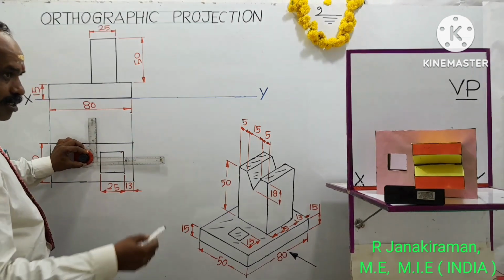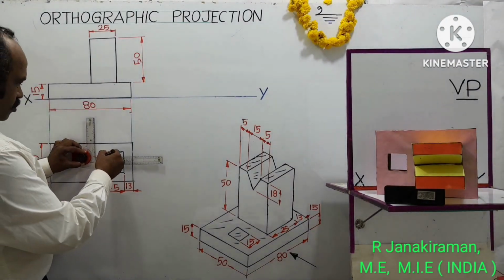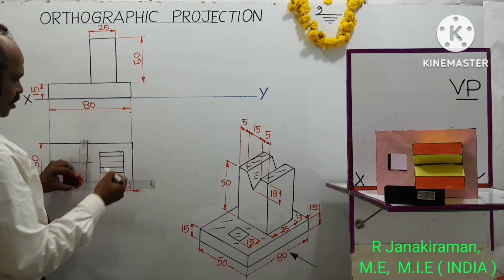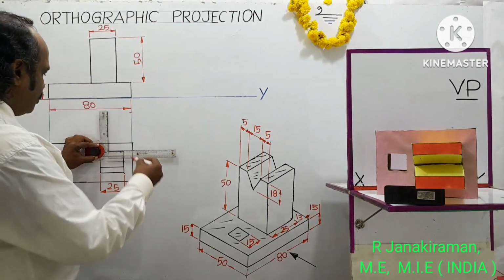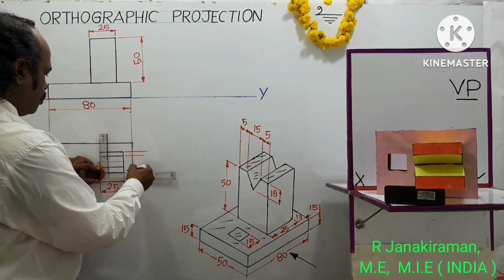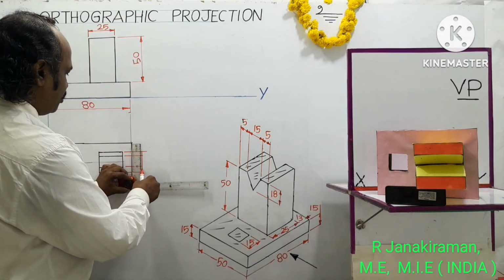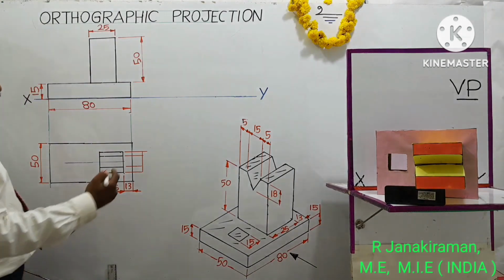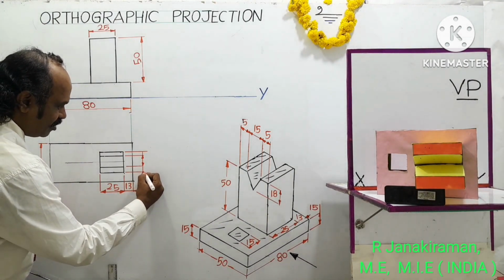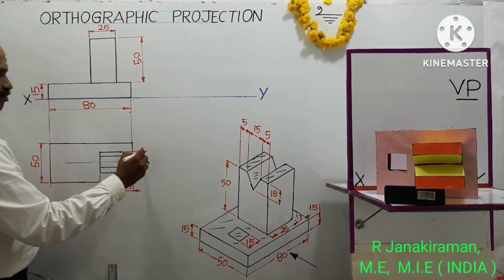Draw this orange portion and another orange portion on the lower side. So let us dimension this. The land thickness is given as 5 mm. Draw a dimension line. Put two narrow arrowheads at both the ends of this dimension line. So this gap is 5 mm.